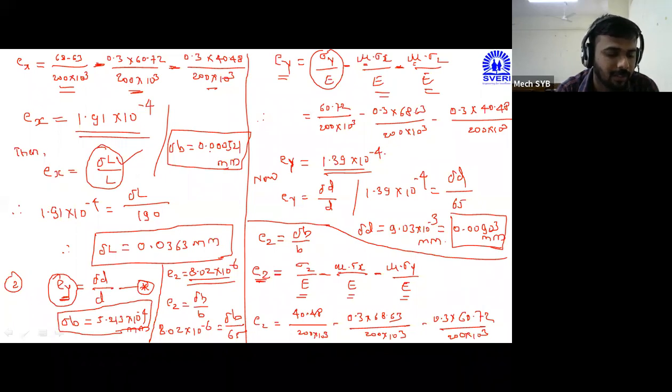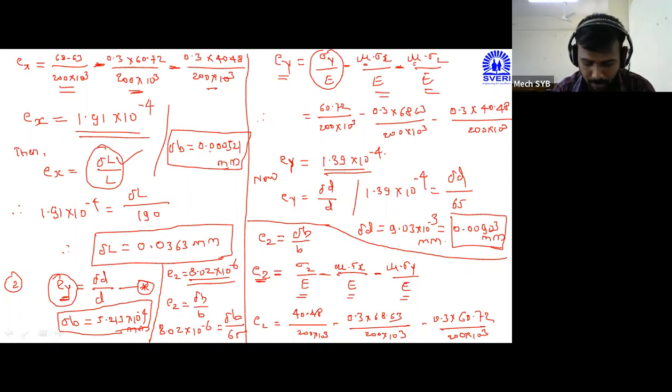5.44 into 10 raised to minus 4. If we have to replace it, how to write that? I have written here 0.000544 mm, which is 5.44 into 10 raised to minus 4 mm. Write down the unit also. This is very important.